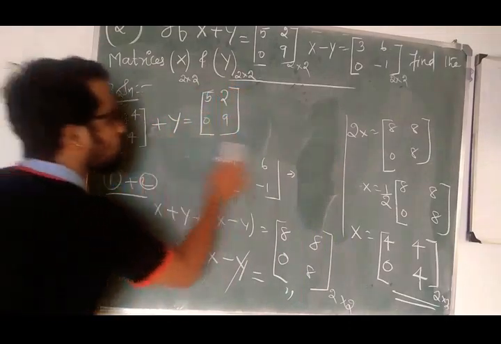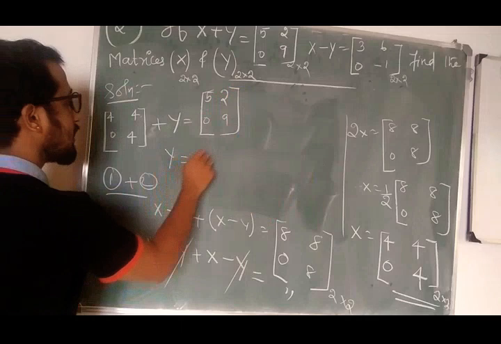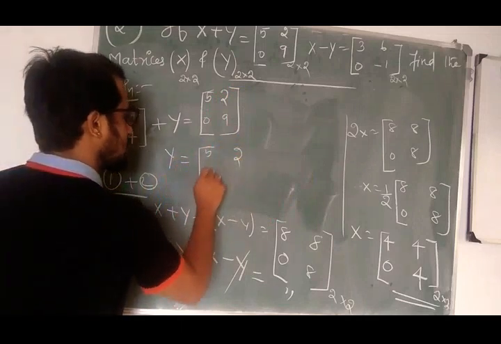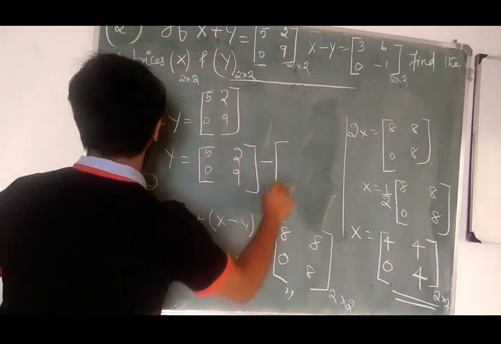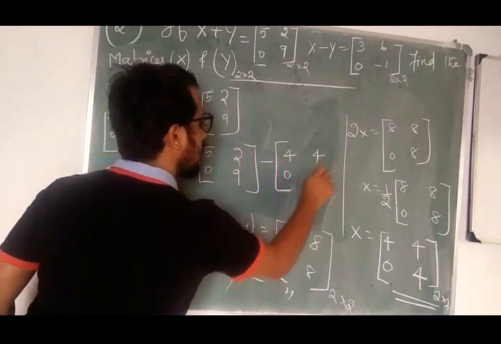How to find the value of y? Listen here. y is equal to [5, 2, 0, 9] minus [4, 4, 0, 4].